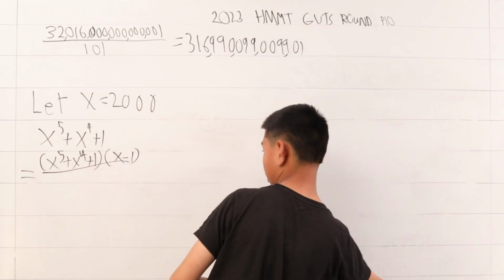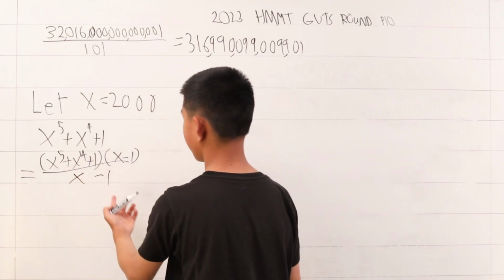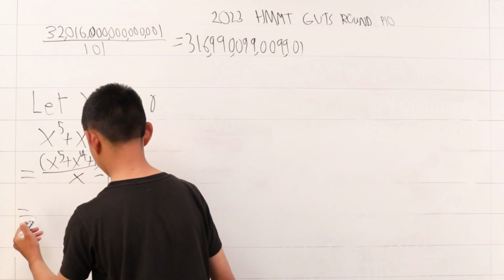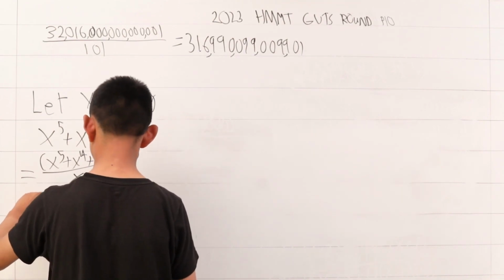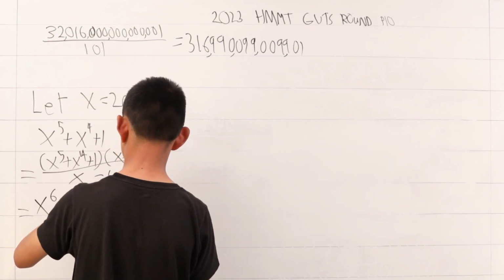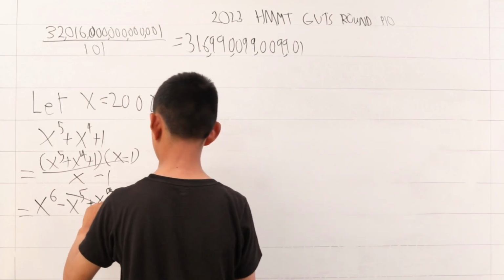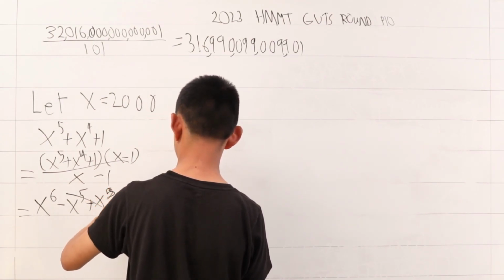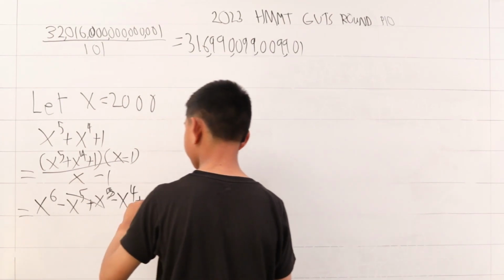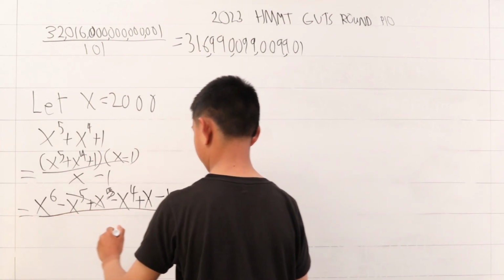Now we can multiply this out. This is x to the power 6 minus x to the power 5 plus x to the power 5. These cancel. Subtract x to the power 4, add x, and subtract the 1. All divided by x minus 1.